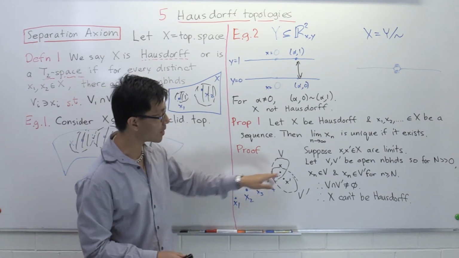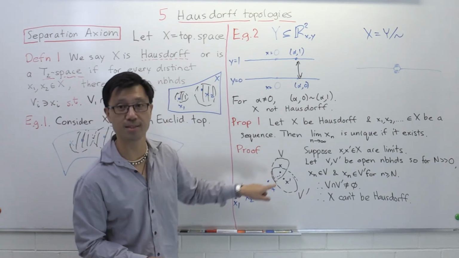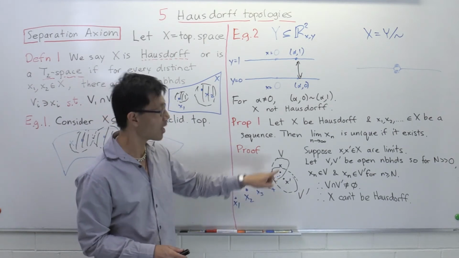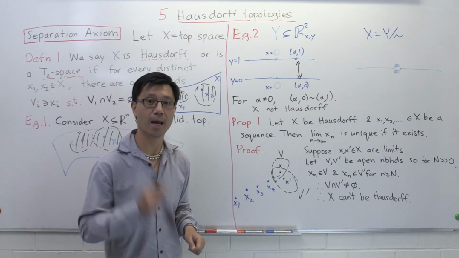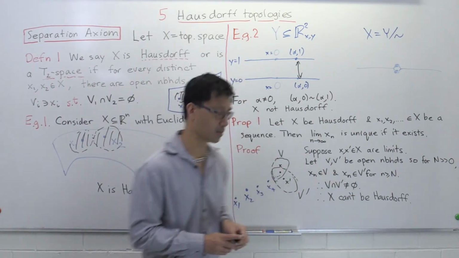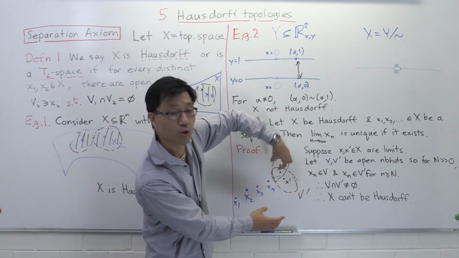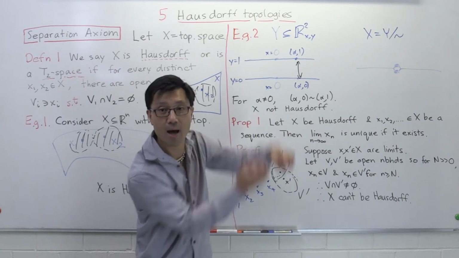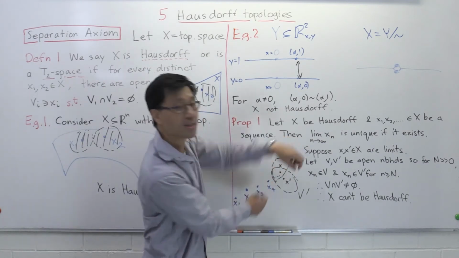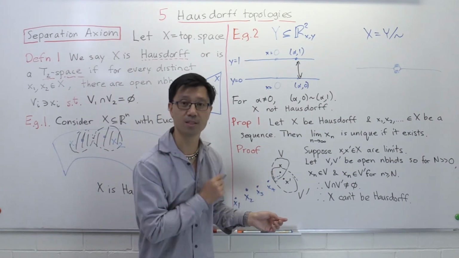But the most important thing is that since both these open neighborhoods contain points of that sequence, infinitely many in fact, the intersection cannot be empty. So V intersect V prime is non-empty. So in other words, it doesn't matter what open neighborhoods you pick for x and x prime, doesn't matter how small they are, they will always have an intersection which is non-empty because it will contain elements of the sequence.